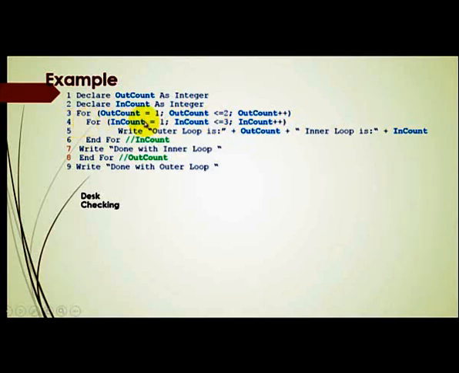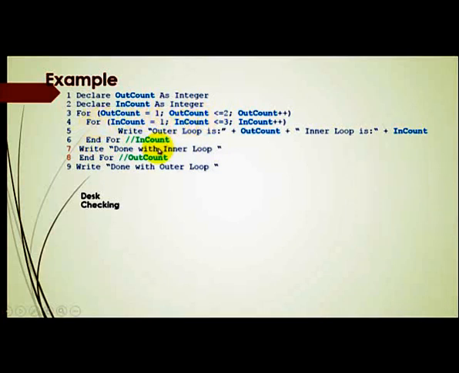We come back up to line 4. We increment in count by 1. We check the condition, and that it is still true, so we enter the loop. We come back, it's 3, we check the condition, we output, we come down to line 6, we come back up.